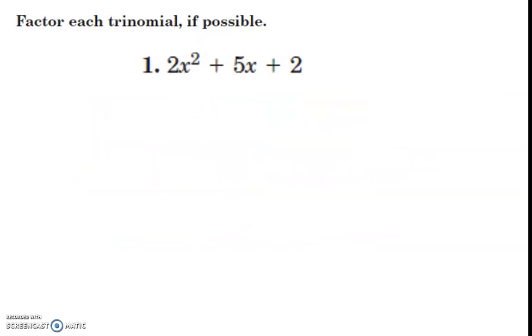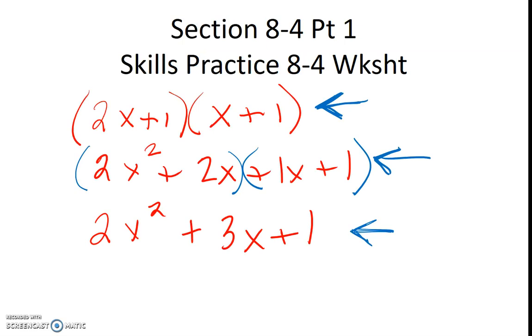So the first thing you need to do is to understand where some of those pieces came from. And you know, that idea of that first, outer, inner, last. And so this ultimate value right here is the result of adding together the outer and the inner terms. And so we need to figure out what were the outer and the inner terms.